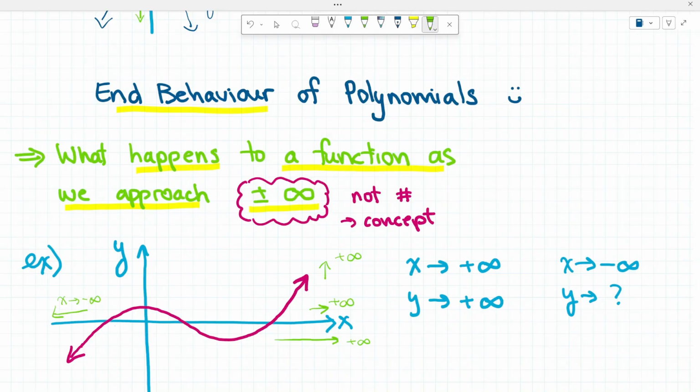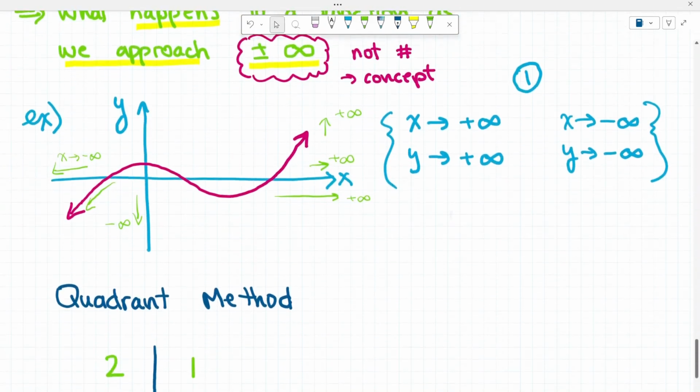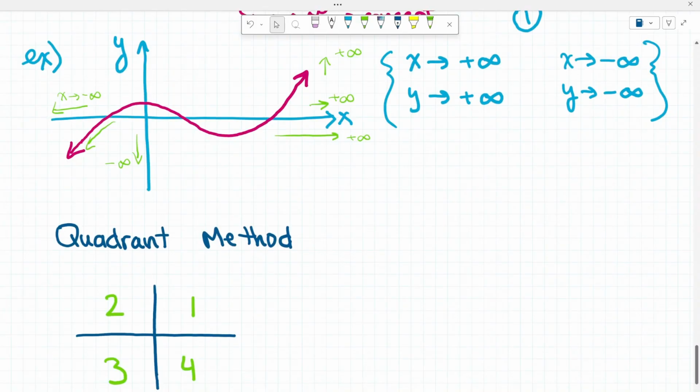You can see that our curve is continuing in the downward direction. That means it is continuing towards negative infinity. Therefore, as x approaches negative infinity, y is also approaching negative infinity. So this is one method you can use to write out your end behavior with infinity notation.